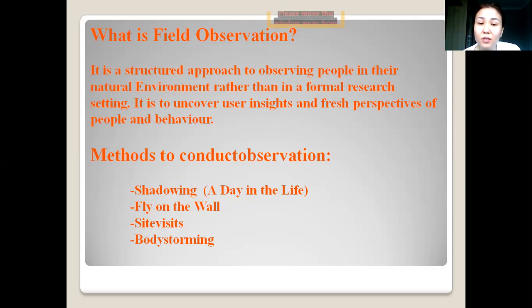What is field observation? It is a structured approach to observing people in their natural environment rather than in a formal research setting. It is used to uncover user insights and a fresh perspective on people and behavior. Methods to conduct observation: shadowing, fly on the wall, site visits, and bodystorming.